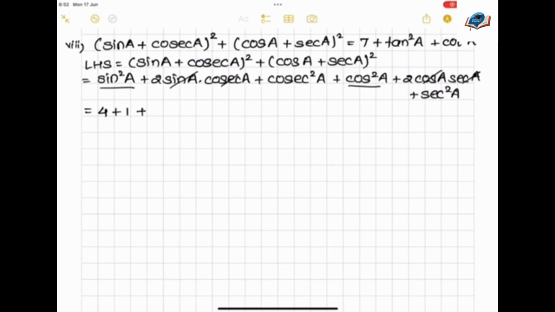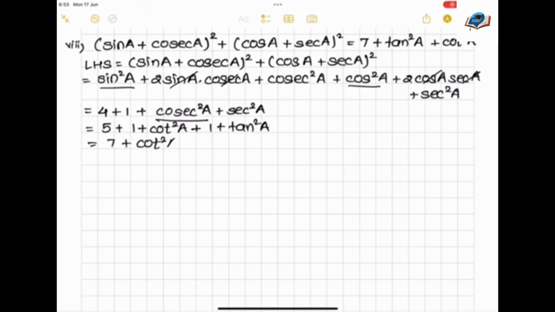Plus, now I am left with cos square A plus sec square A. So this is equal to 5 plus 1 plus cot square A plus 1 plus tan square A. So that 5 plus 2 is 7, so 7 plus cot square A plus tan square A. And that I got RHS.